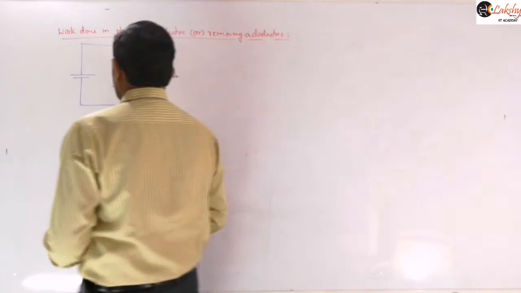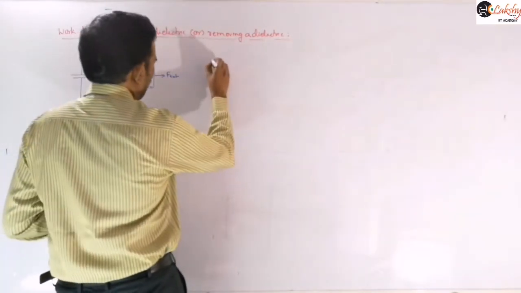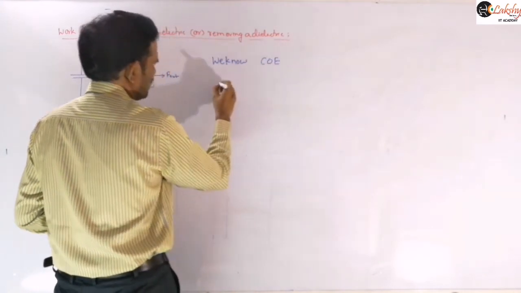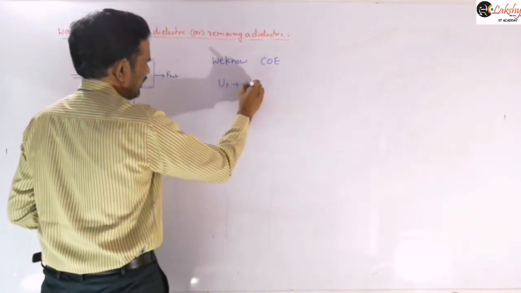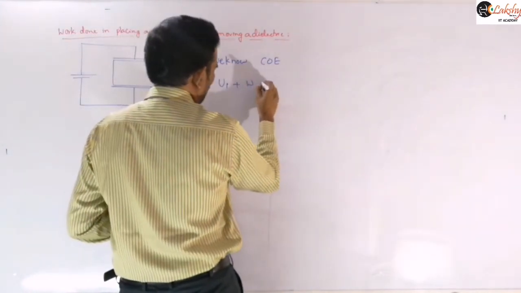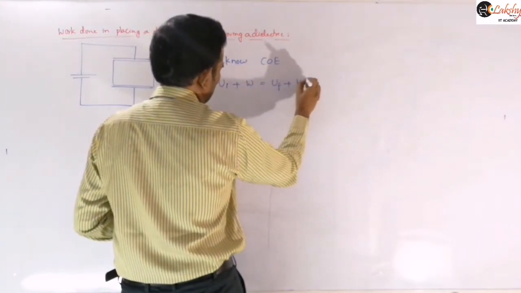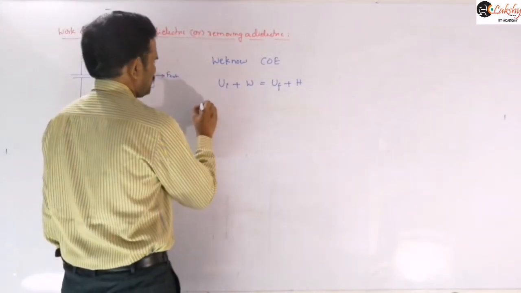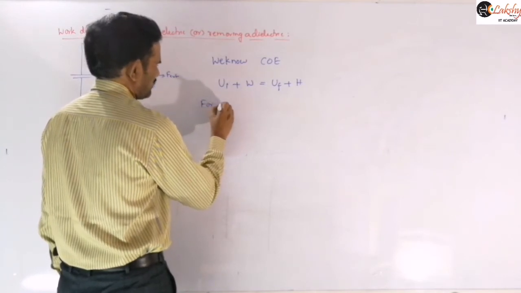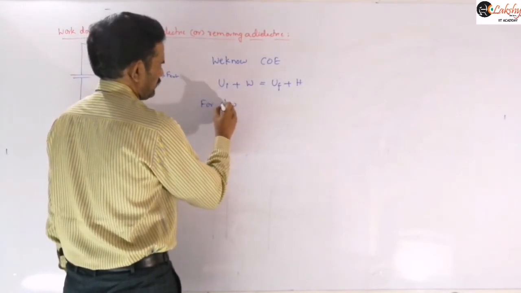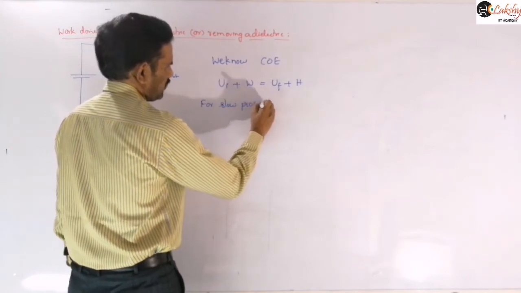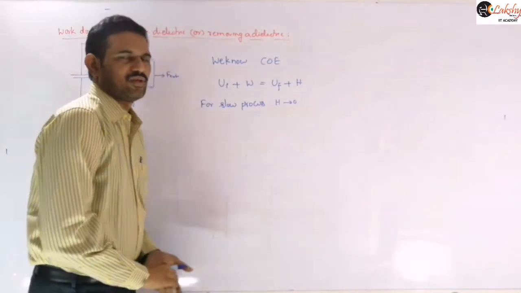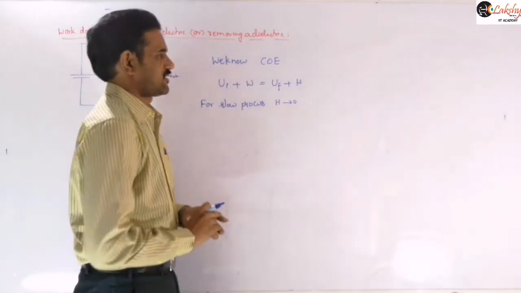Then our conservation of energy, what we mentioned already: U initial plus work done is equal to U final plus heat produced. For a slow process, heat produced tends to 0, that means negligibly small, we can neglect that.